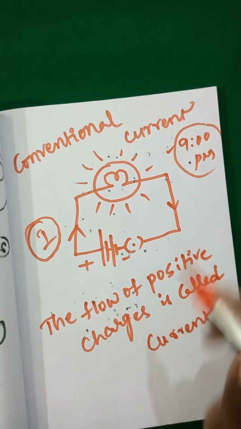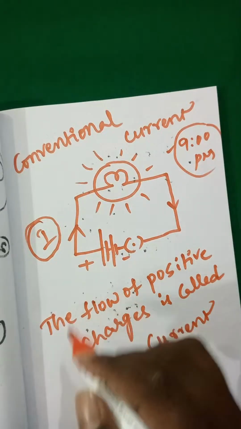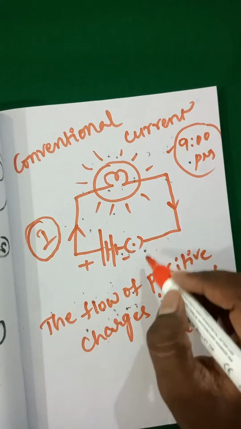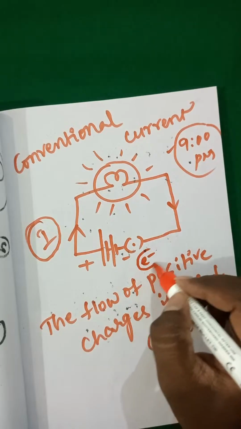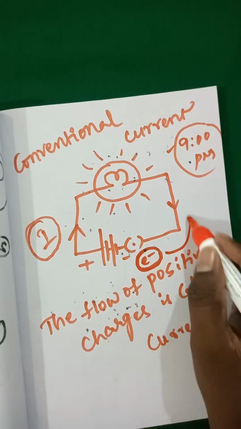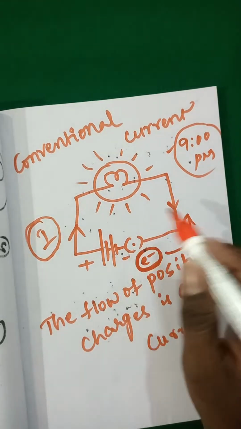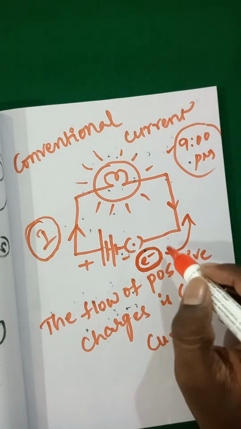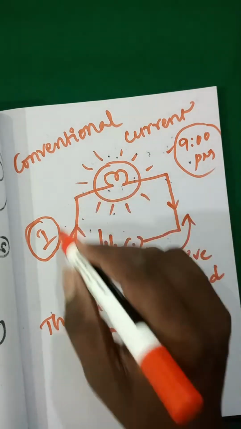If we change this statement, actually the flow of electrons only leads to current. The movement of electrons gives the current in the circuit. Electrons move from the negative terminal to the positive terminal.